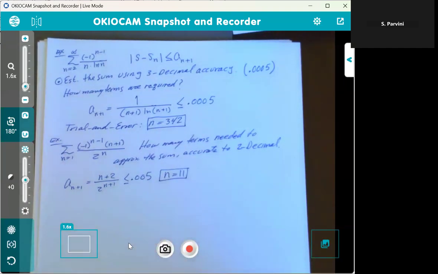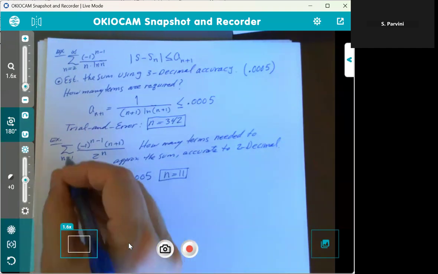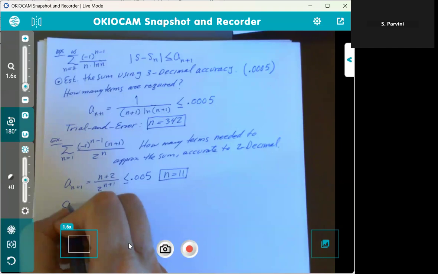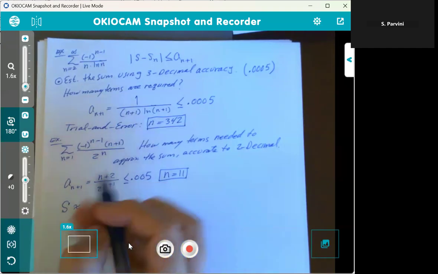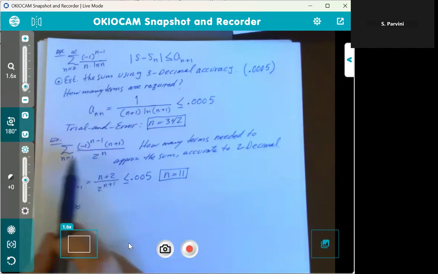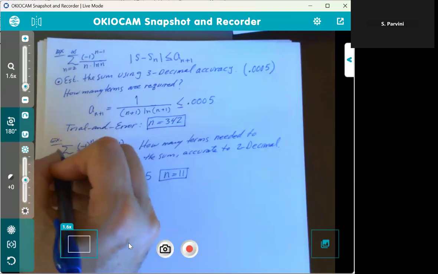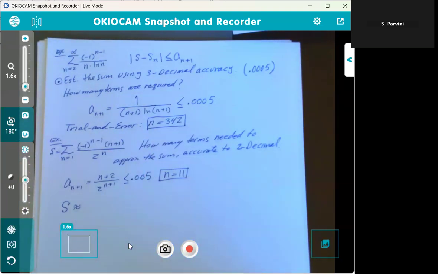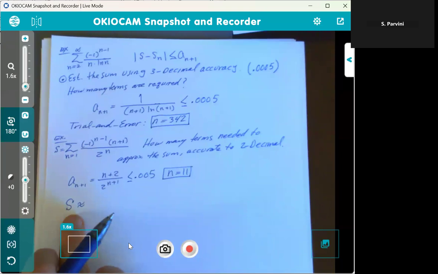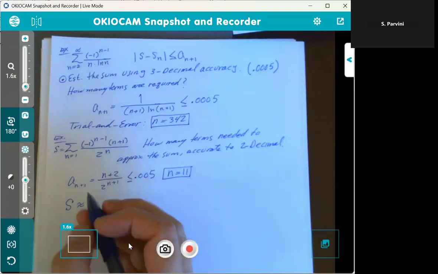Okay, so that means I need 11 terms. Therefore, the sum is going to be approximately, S is the actual sum of the infinite series. That's what S is.